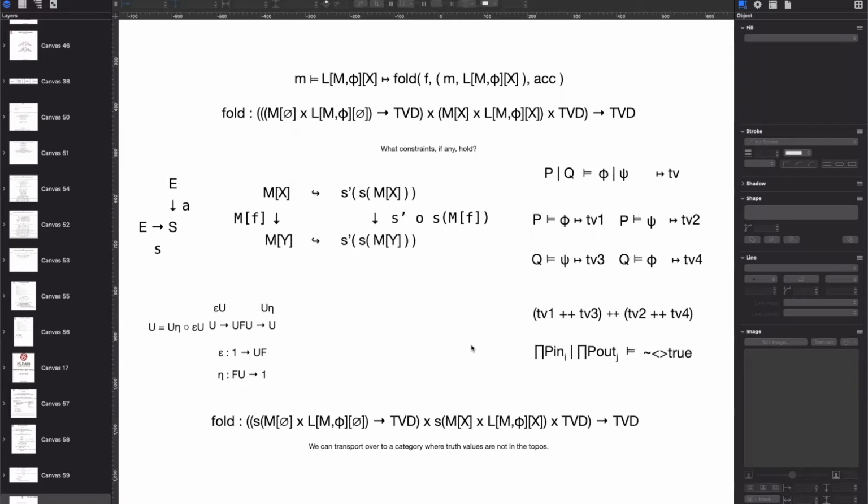We want to be able to transport the model domain over to a place where the morphisms for the truth value domain exist.